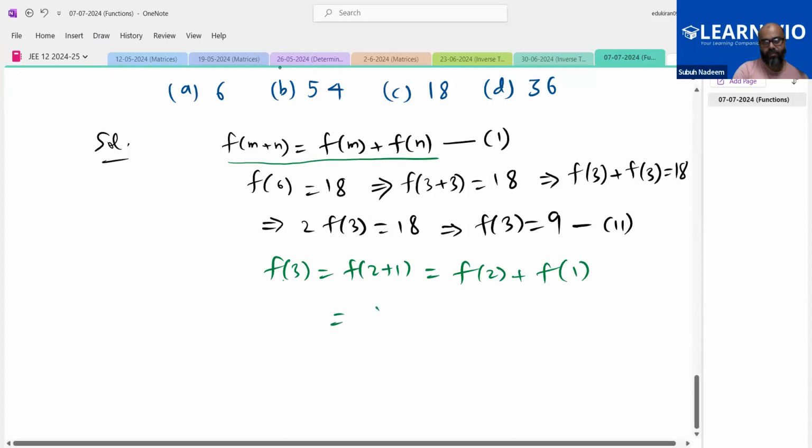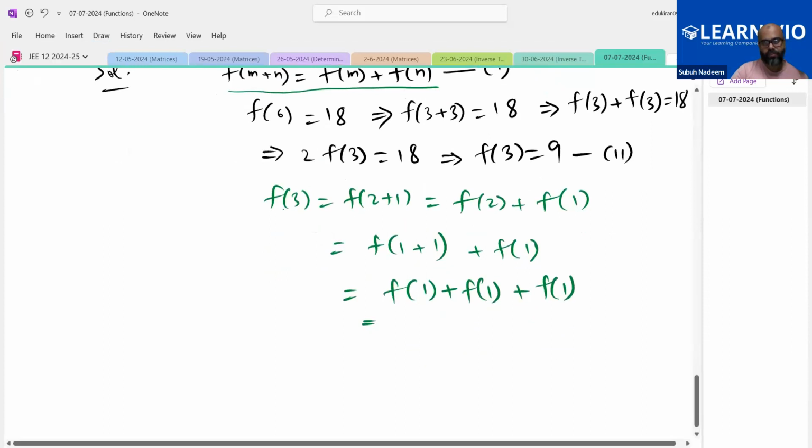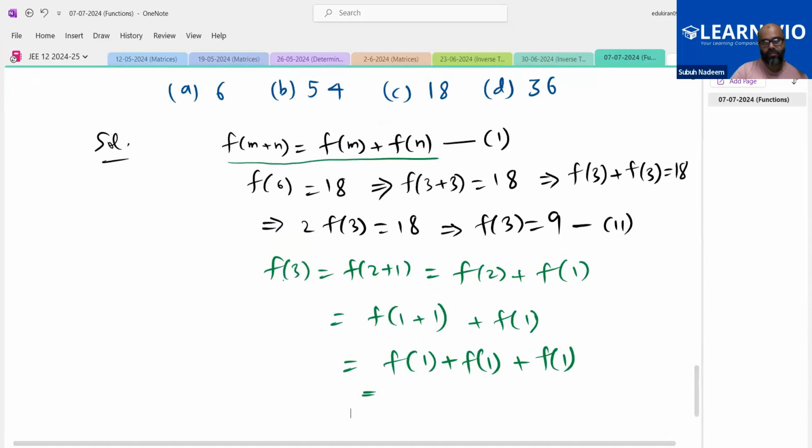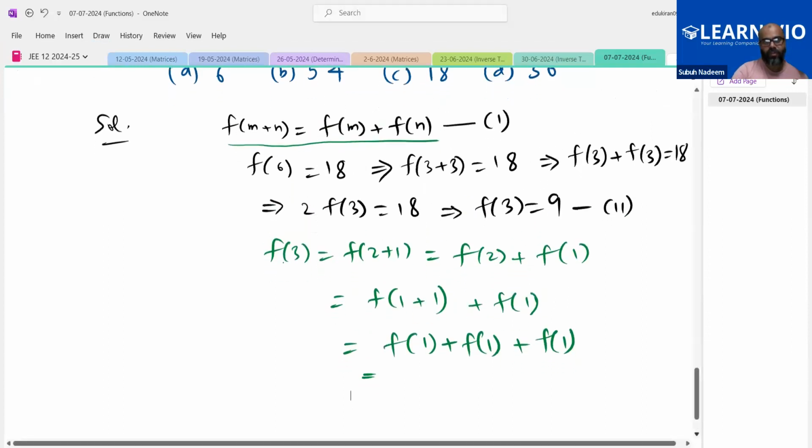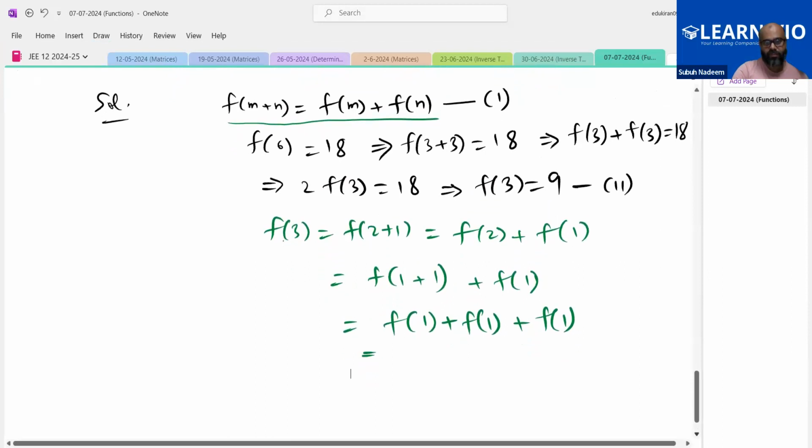And f of 2 can be written as f of 1 plus 1, and again by the same relation, this can be written as f1 plus f1. And there is also one more f1. So this will become 3f1. So this is the third relation.